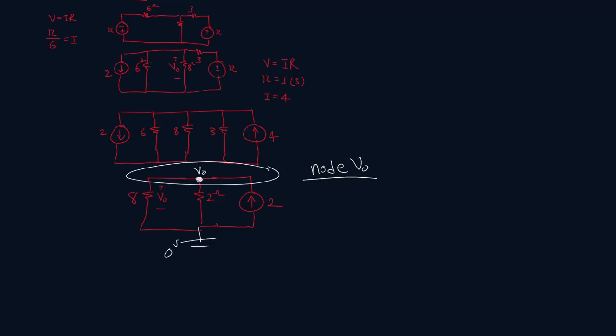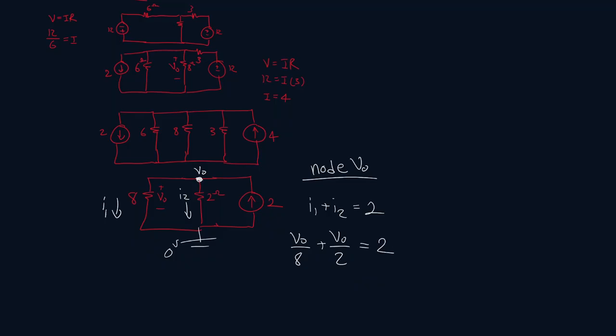So in this region, it will be VO as well. Let me write the directions of current. Let's call this I1. Let's call this I2. So it'll be I1 plus I2 equals 2. I1 is VO over 8 plus I2 is VO over 2 equals 2.